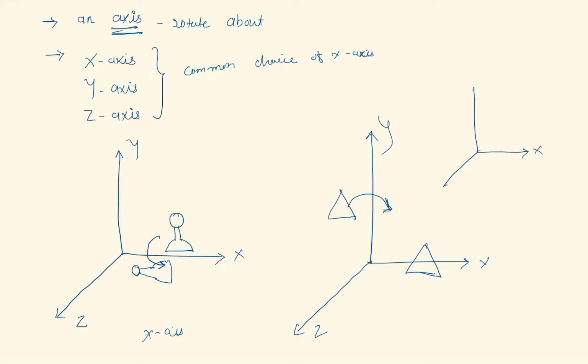Suppose I have x, y and z and I have to rotate about the z axis, so this object will be here. This is the figure for the z axis. So the figure for the x axis, the figure for the y axis and the figure for the z axis, right? So if we want to rotate a 3D object, we have three choices: x axis, y axis and z axis.